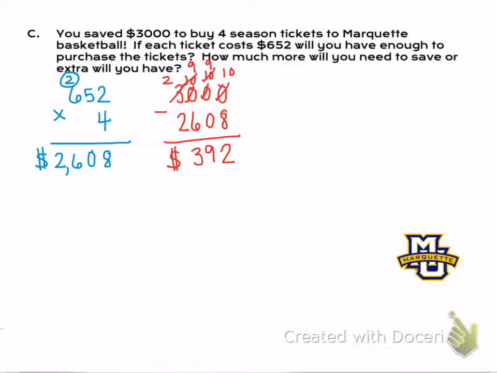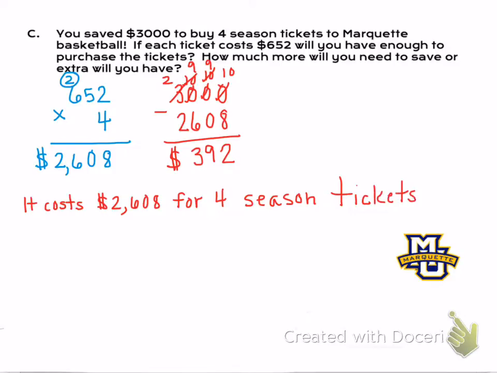A good example of a sentence would be, It costs $2,608 for 4 season tickets to Marquette basketball.